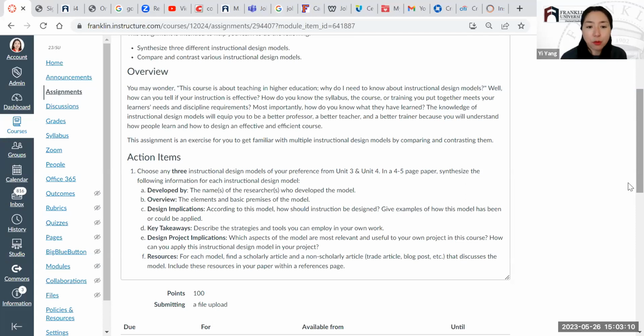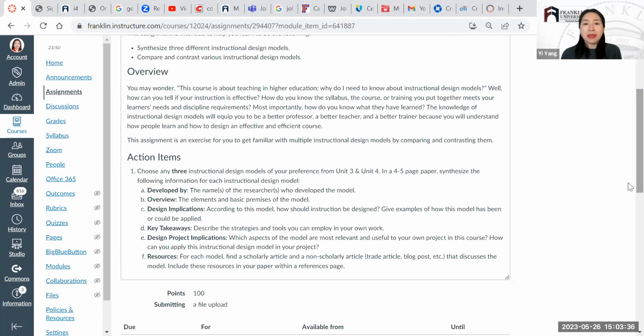Now, the next question is more related to your project. Now that you have compared those three models, which model would be most relevant and useful to apply in your own project? And how are you planning to apply this instructional model or models for your project?